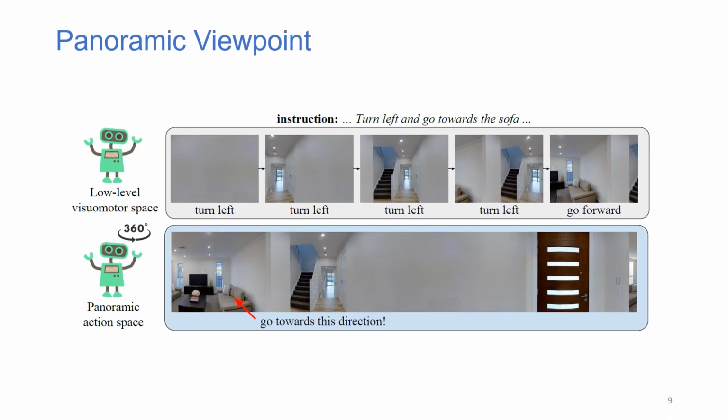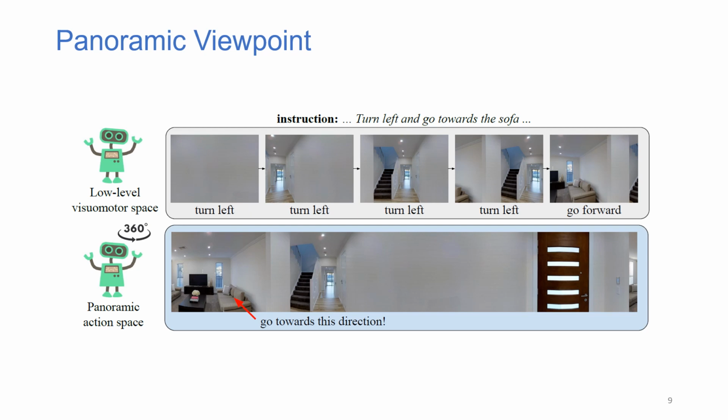Now let's take a look at the panoramic viewpoint, which is the last contribution of this work. At that time, the existing works used what they call low-level visuomotor space, which is nothing but image by image action prediction. A downside of this type of system is that the agent at a given location needs to turn several times to get a situational awareness of its environment.